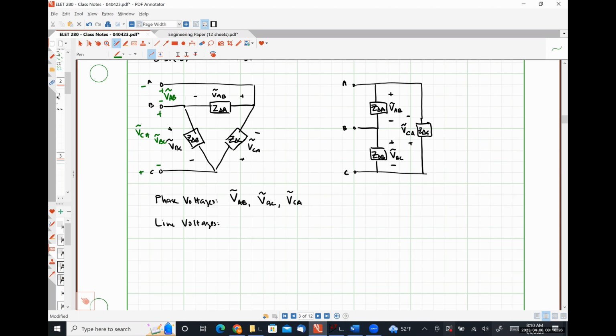So once again, for a delta connected anything, it seems like our line voltages and our phase voltages represent the exact same quantities. We're going to use that relationship to our benefit a little bit later on.